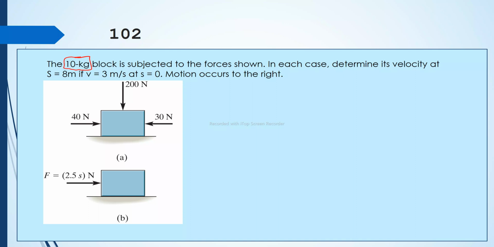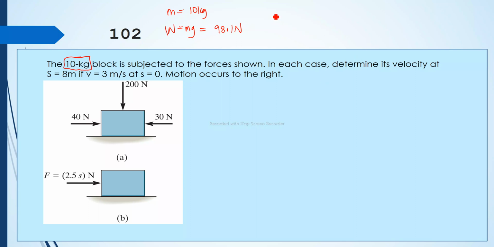Okay, so we have here a mass that is equal to 10 kilograms. We have two conditions, case A and case B. Mass is 10 kilograms, so our weight, that is the mass times the gravitational acceleration, is equal to 98.1 newtons. In each case, determine its velocity at s equal to 8 meters, if the velocity is 3 meters per second at s equal to 0.